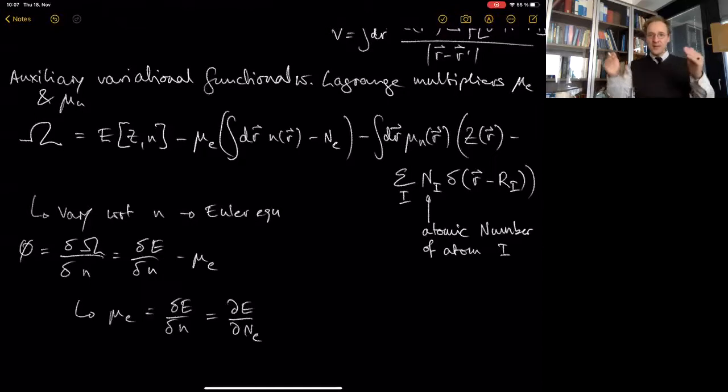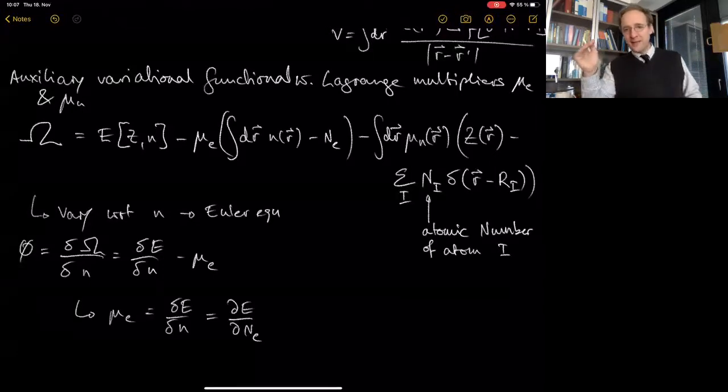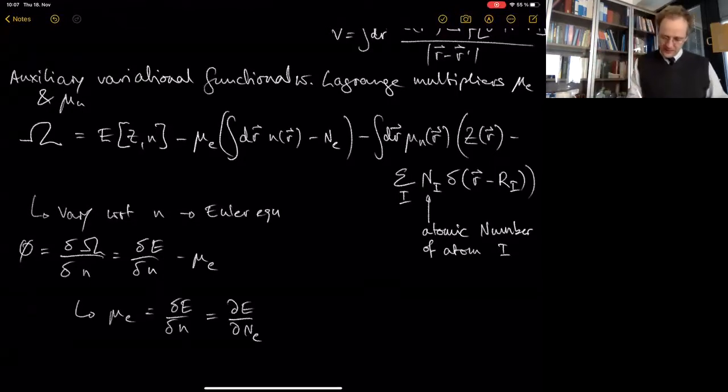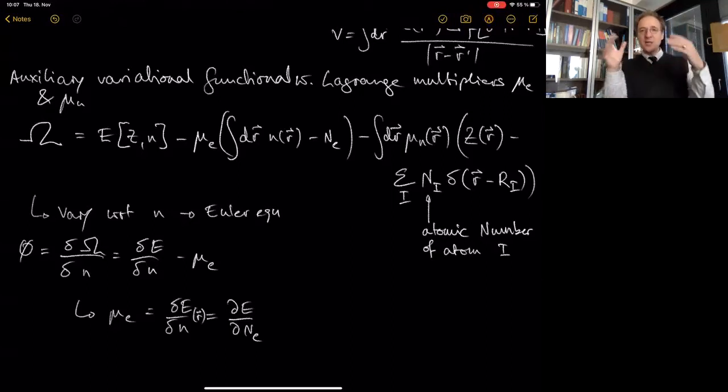So it doesn't really matter the spatial resolution, so this is a function of r, right? This spatial resolution does not matter. It's a constant because your energy, the electron density, is already giving the minimum in your energy. So no matter where you vary it, the response is going to be the same.